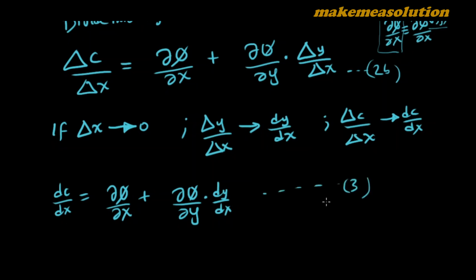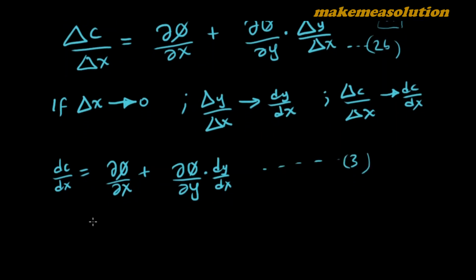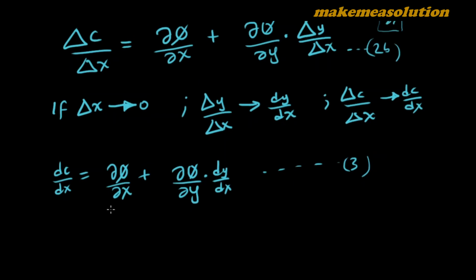So you have to recall that c is a constant. Since c is a constant, what happens when you differentiate constants? It is actually 0.